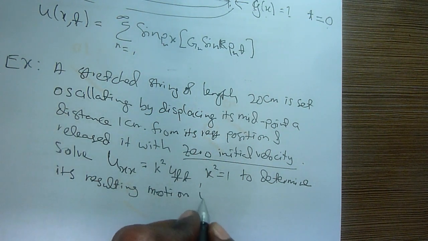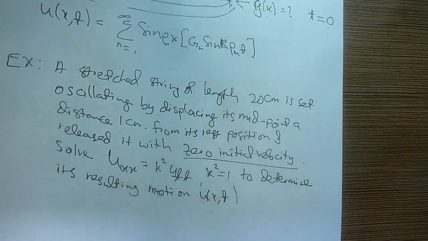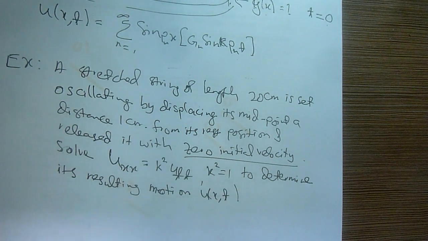That means u(x,t). This is the question. We will see how to find this. They never give you any formula, nothing. Based on this question, you need to solve by yourself. Possible? Yes, we will work on that.